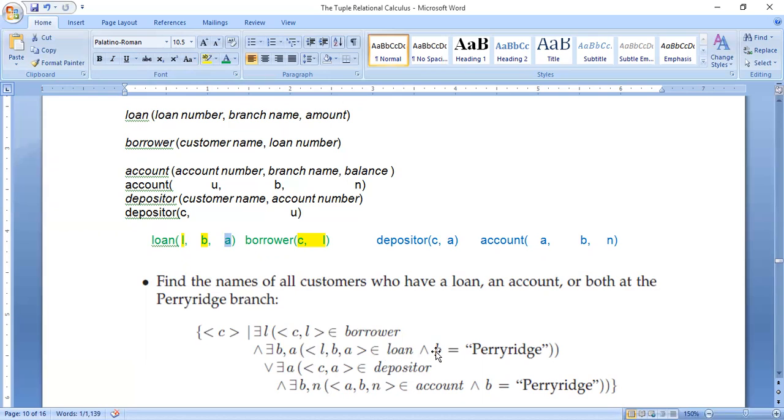So this forms the first part of the union operation. The second part is for the customers who have an account. For finding this information, we use the depositor and account relations, where we can find the name of the depositor, his account number, and the branch where he has the account.